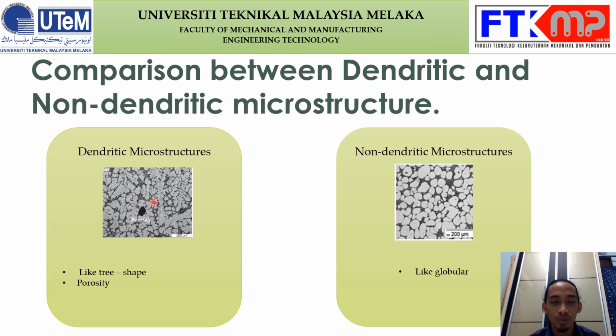The dendritic microstructure has porosity, so it gives low strength. If we want to do tensile stress or yield stress testing, the non-dendritic microstructure may get a better result compared to the dendritic microstructure.